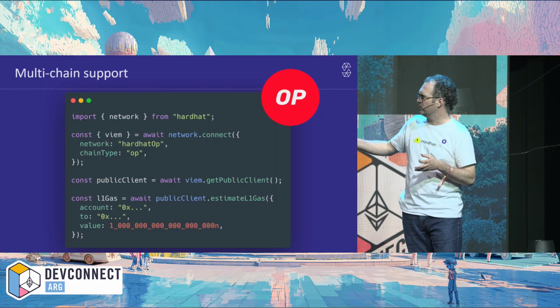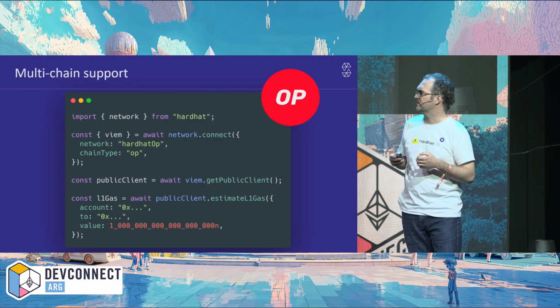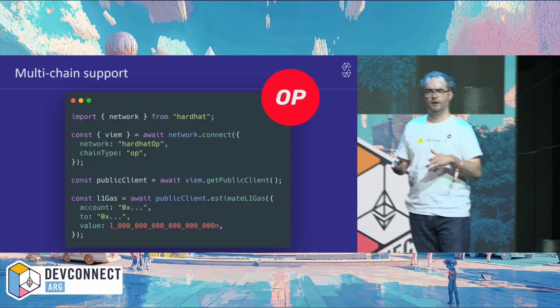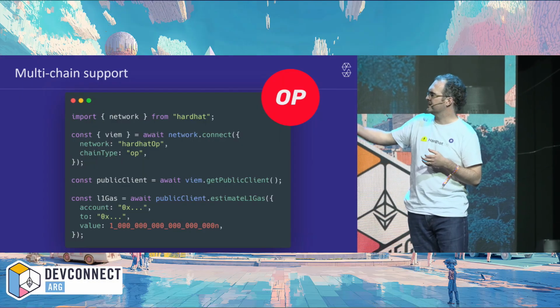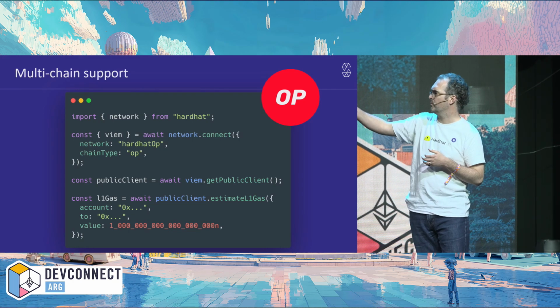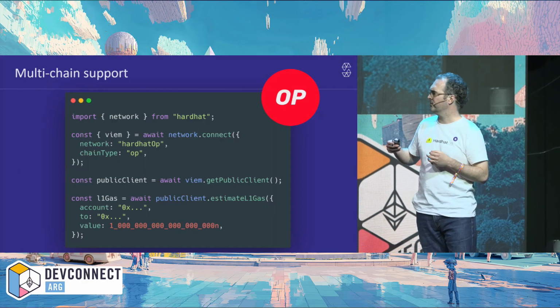In this case, what we're doing is making an RPC call to estimate L1 gas against an Optimism network. We pull in Hardhat at the top as before, but now we're explicitly making the network connection. We're passing a named Hardhat network config, that's Hardhat hop in this case, passed in the network property, and Hardhat will read that configuration out of the Hardhat config file.